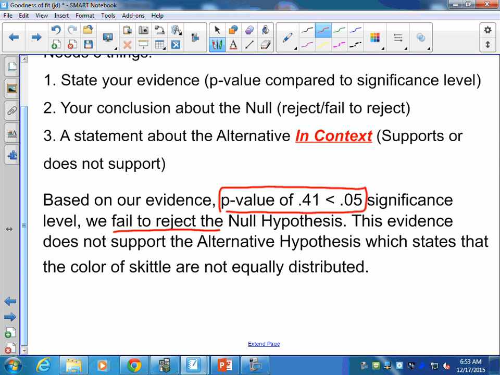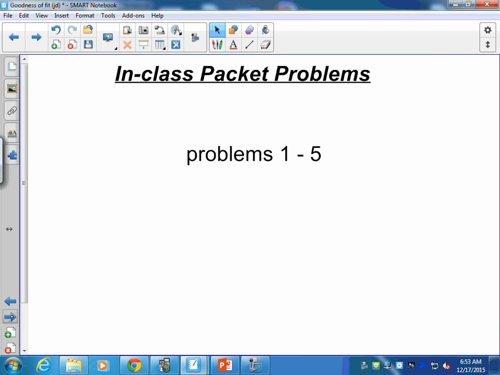And then the statement about the alternative: this evidence does not support the alternative hypothesis, which states that the colors of Skittles are not equally distributed. And that is our chi-square distribution.